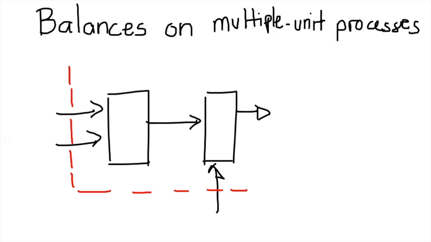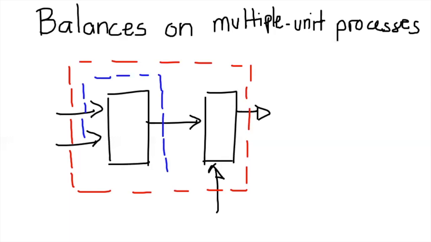This is one boundary. But then we can only limit our analysis to another boundary, which is the unit operation A, or we can state that we have another boundary, which is unit operation B.